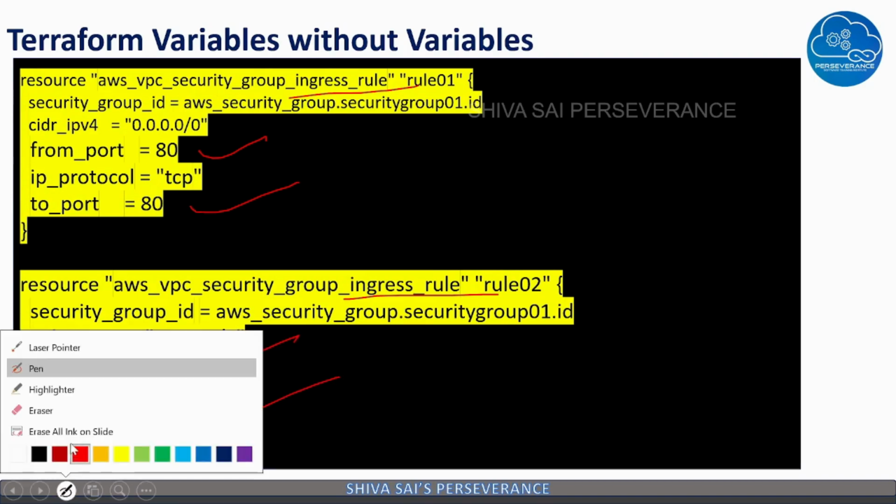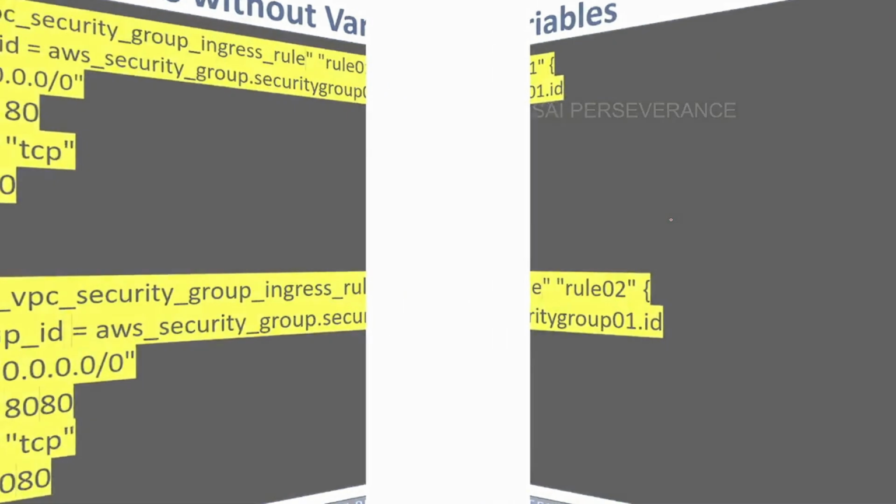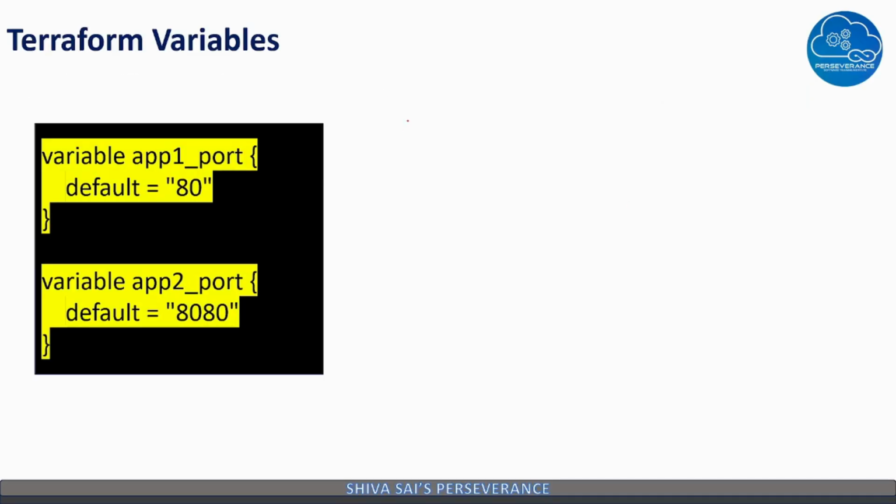For this reason, I'm directly updating the values here. So instead, let's make use of variables from Terraform. What we need to do is create a file, and the standard name is variables.tf.